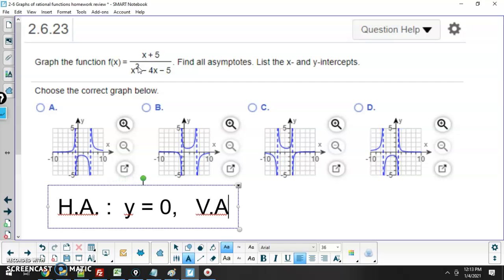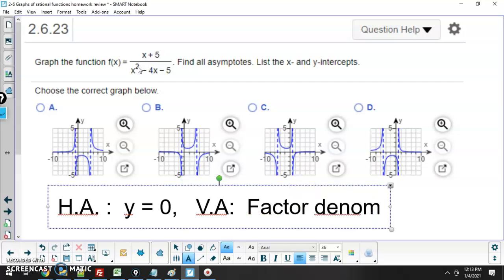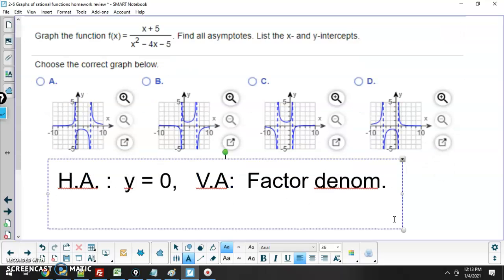For the vertical asymptotes, you have to factor the denominator. And remember, you want to see if any of these factors will cancel with the numerator, because there could potentially be a hole. So if we factor x squared minus 4x minus 5 correctly, you would have x and x to give you the x squared.